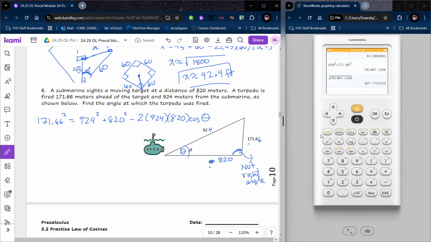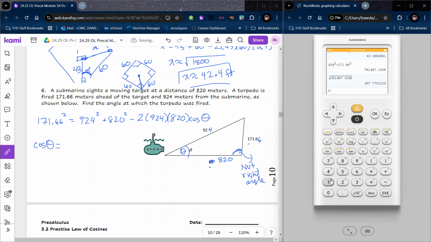Continuing with this, I know that the cosine of theta must be equal to 171.66 squared minus 924 squared minus 820 squared, all divided by negative 2 times 924 times 820.